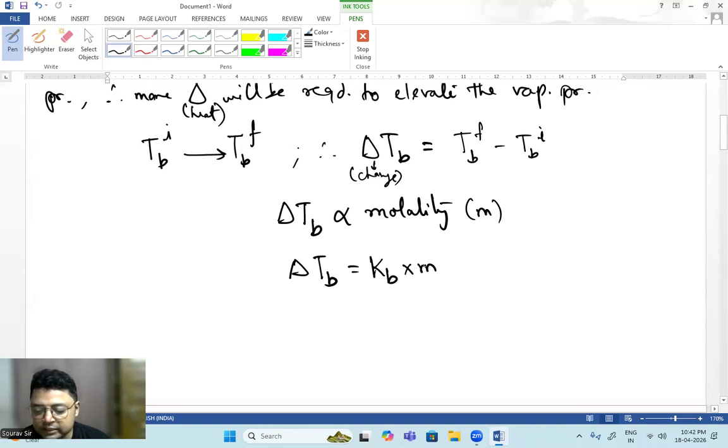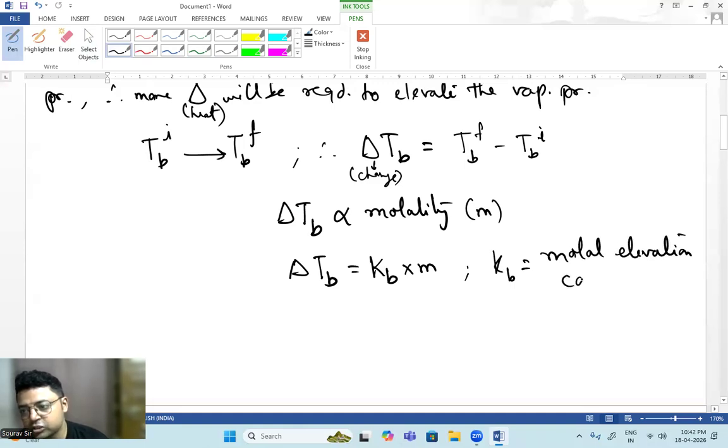What is Kb? Kb is the molal elevation constant. Another name for it is the ebullioscopic constant.